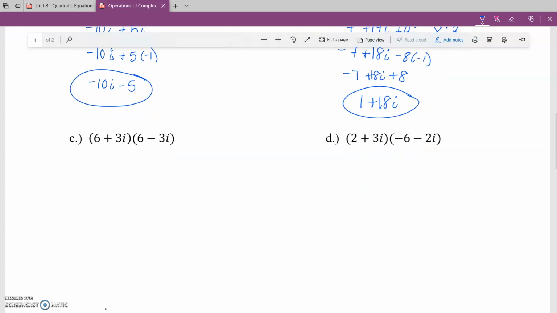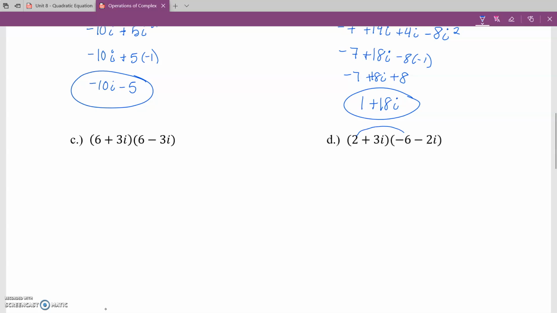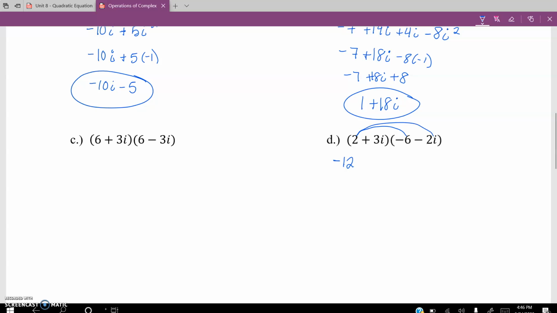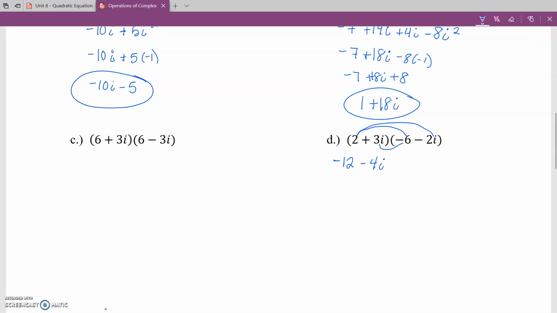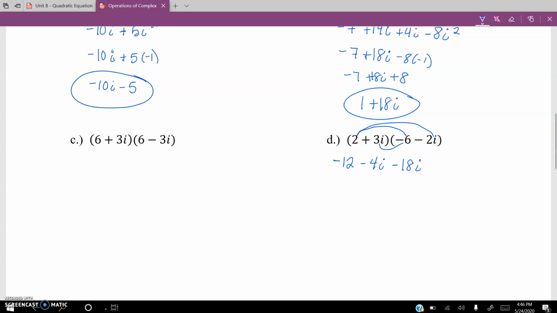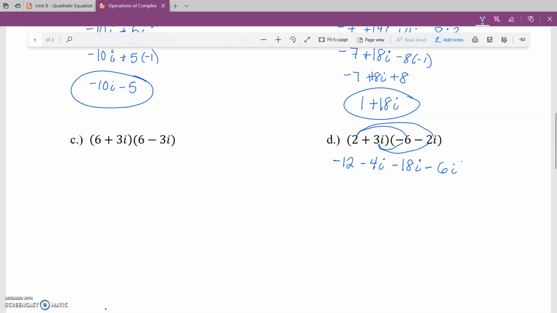Let's do one more. Let's do letter D. First from each set of parentheses, 2 times 6 is -12. Outside, 2 times negative 2i, negative 4i. Inside, 3i times negative 6, negative 18i. Last, 3i times negative 2i, negative 6i squared.